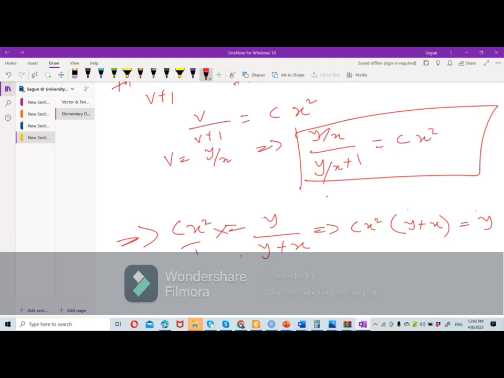But don't forget, we know how we resolved this one the other time, which simply means y over x plus 1, which is this one will move to this side. You have x.